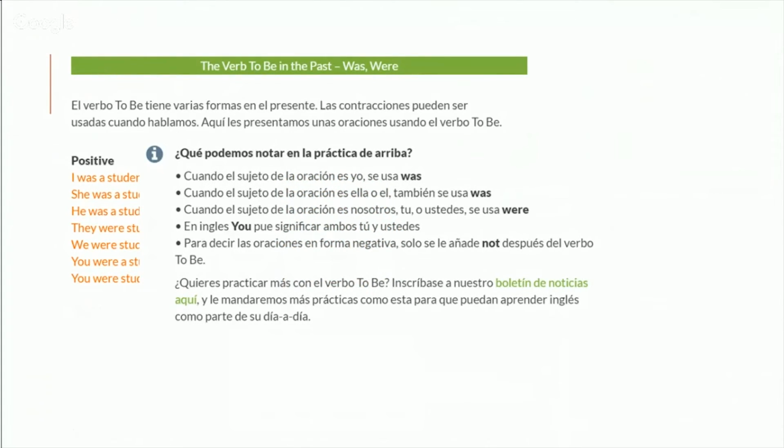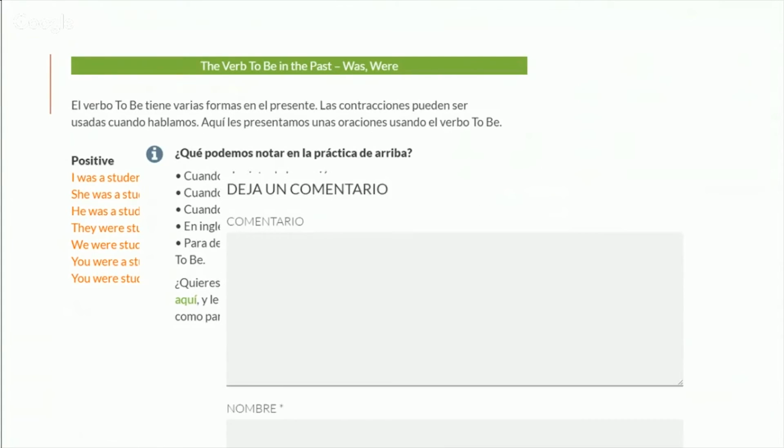You're also going to see a couple of explanations on how to use the verb to be in the past correctly. Those explanations are going to be in Spanish, so anybody can read and understand them. After you look at those explanations and practice, you can also leave a comment all the way at the bottom, and we'll respond.